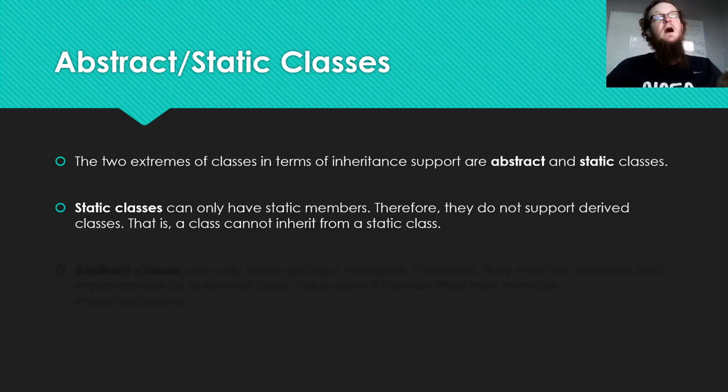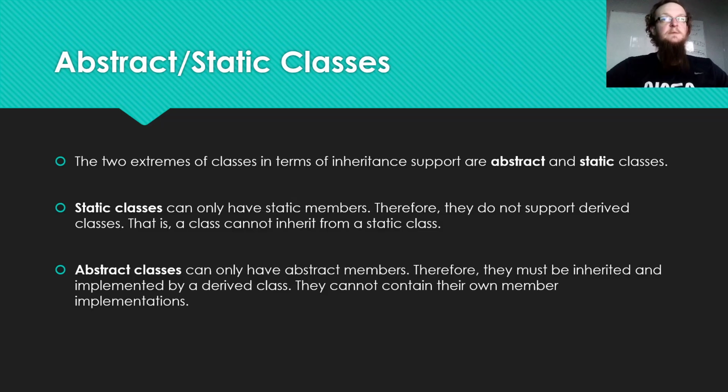At the exact opposite end of the spectrum, you have abstract classes, and abstract classes have abstract members, and typically this is members only, and these things have to be inherited and then implemented by a derived class.